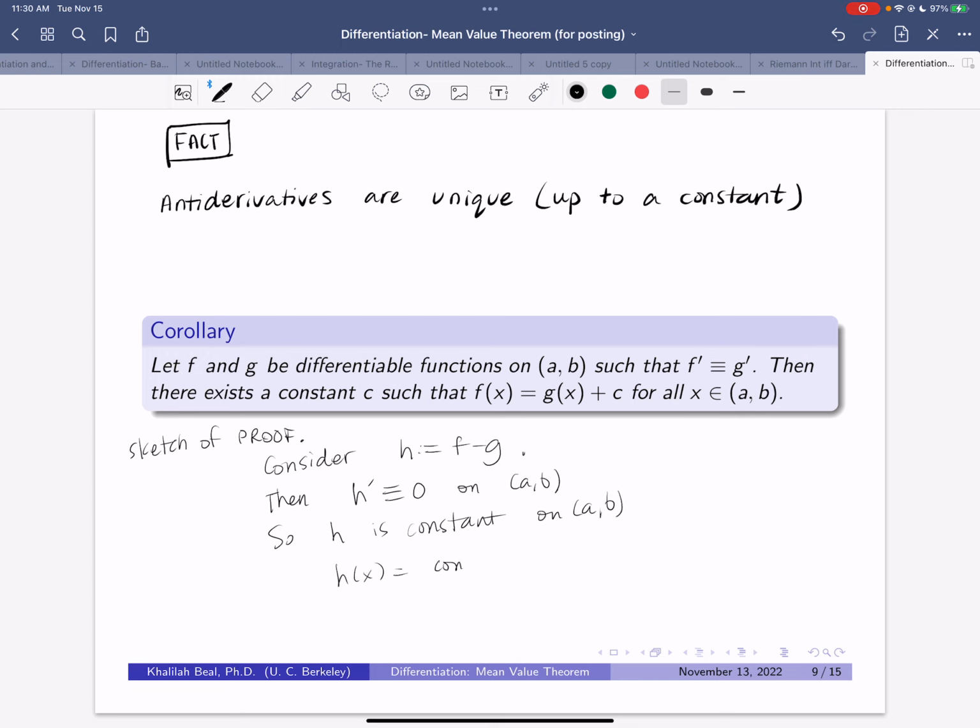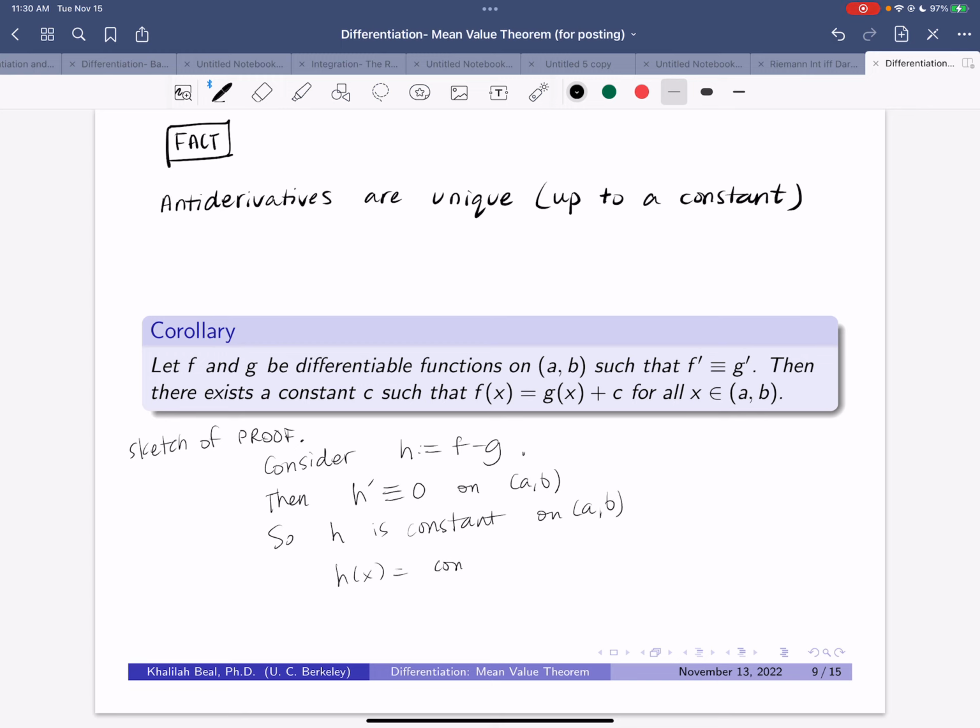And then h is really equal to f of x minus g of x, so f of x is equal to g of x plus c for all x in (a, b), right? So that's essentially the proof, and I think that's more than a sketch. I think I actually laid it all out there. But okay, so there we go. That proves that antiderivatives are unique.